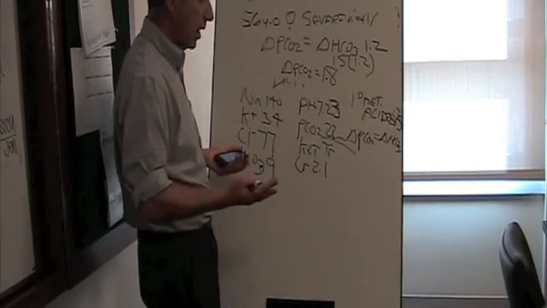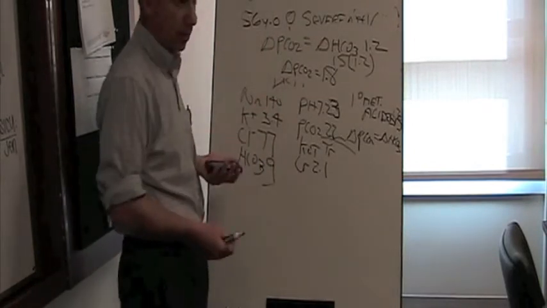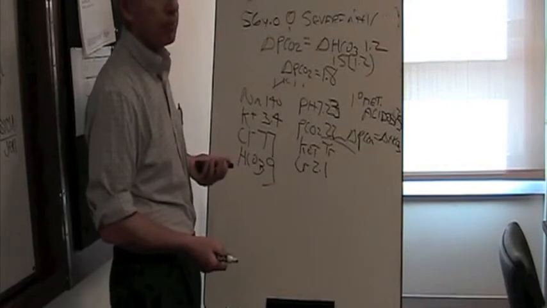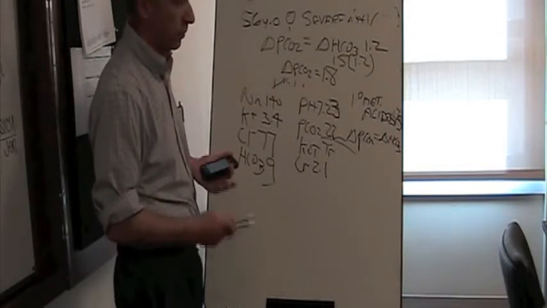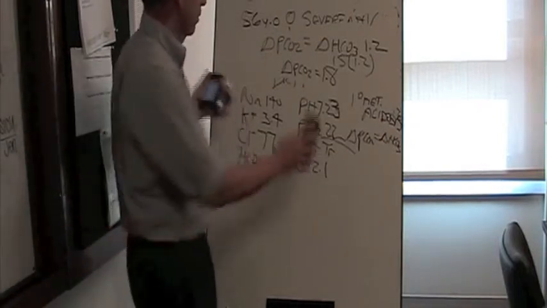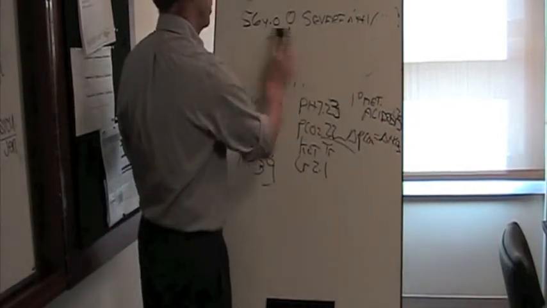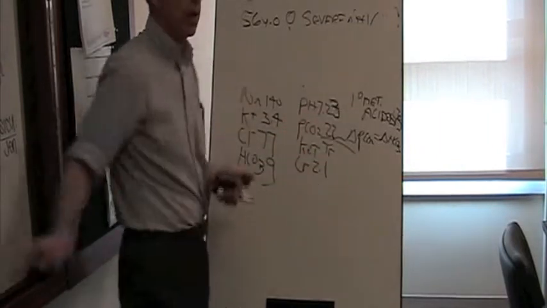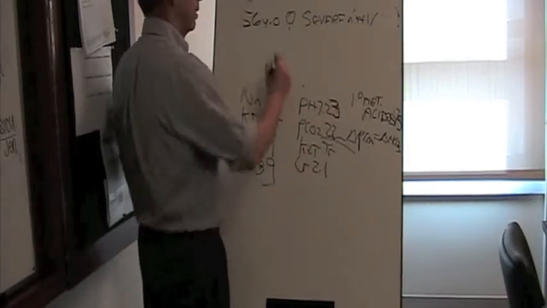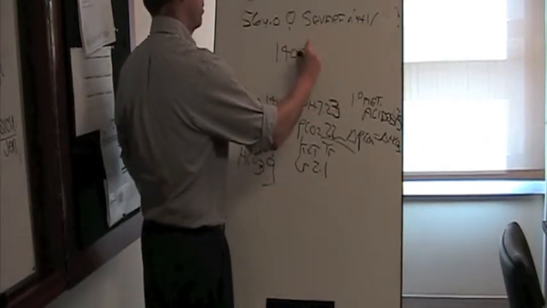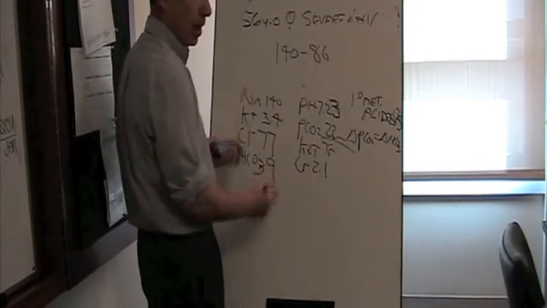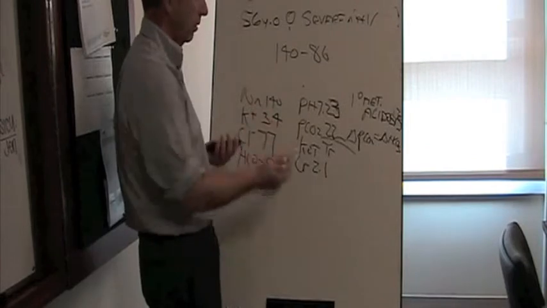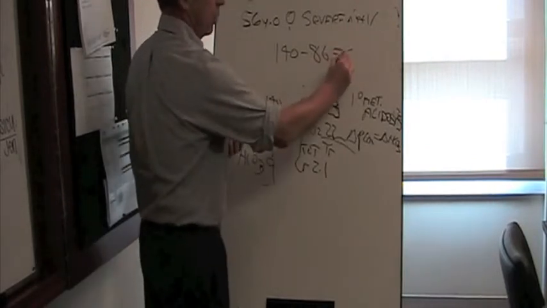So what is the anion gap? 140 minus 86, which is 77 plus 9. Wow, it's a big number, isn't it? So what is it? 54.